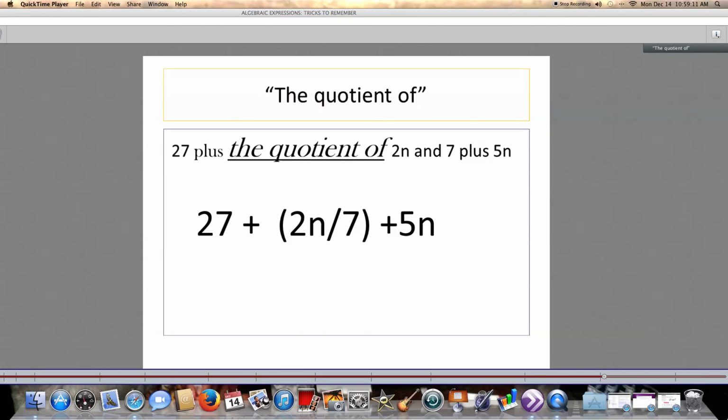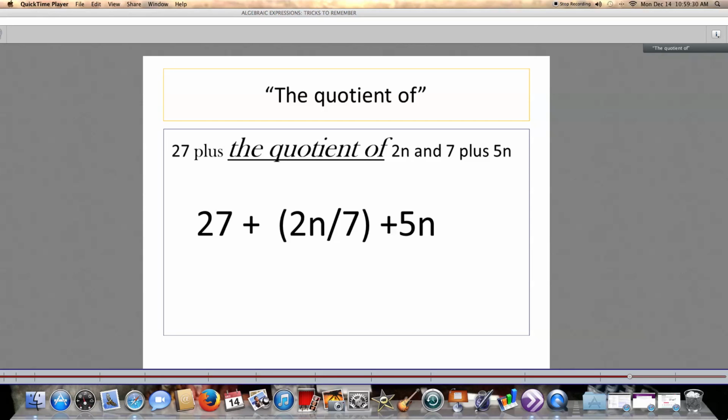The quotient of means there's going to be parentheses. So if I say 27 plus the quotient of 2n and 7 plus 5n, well, I know that my parentheses are going to go around the next set of things that are talking about a quotient.